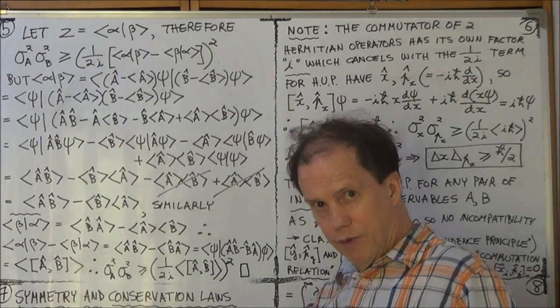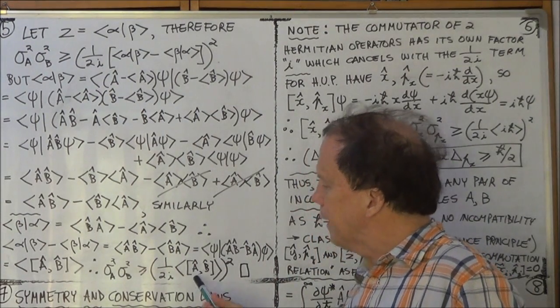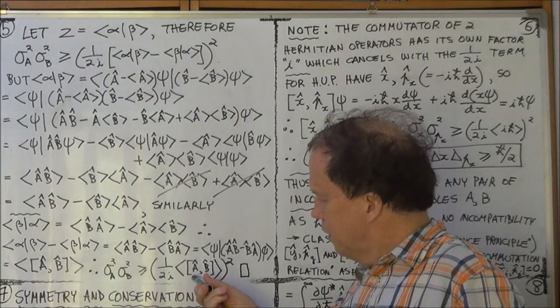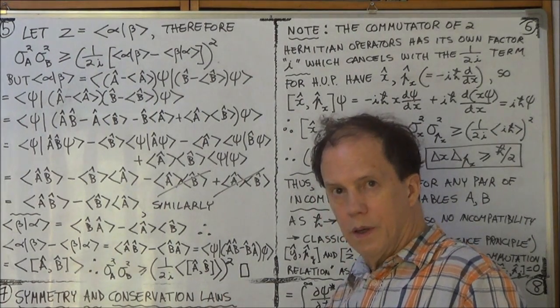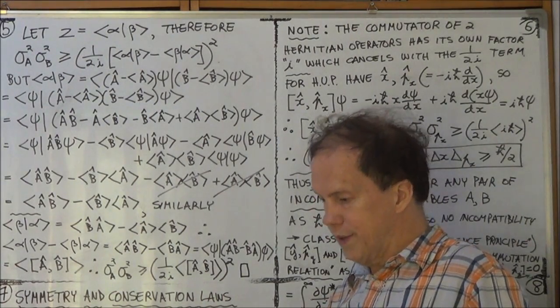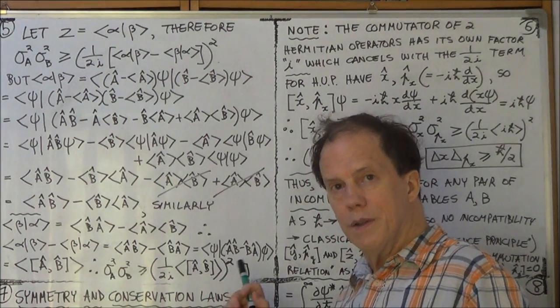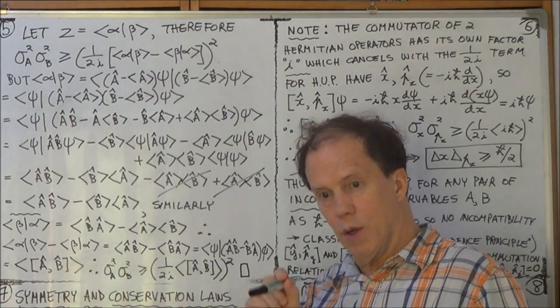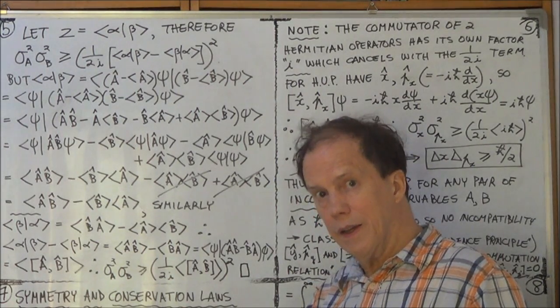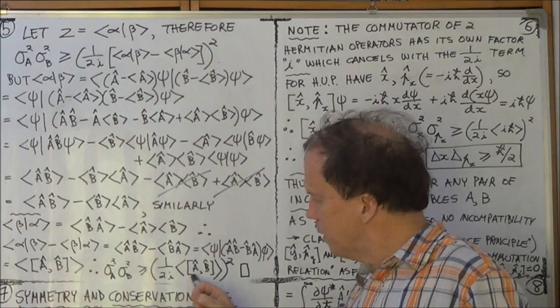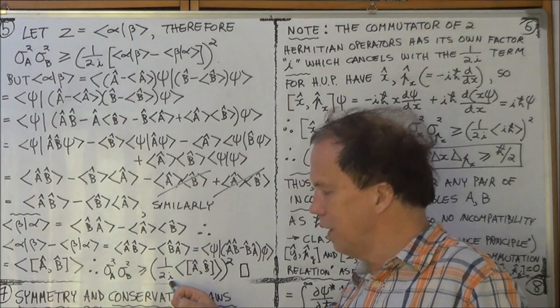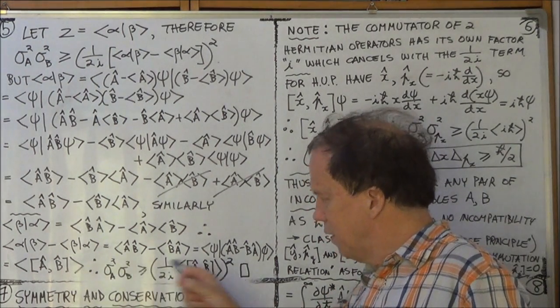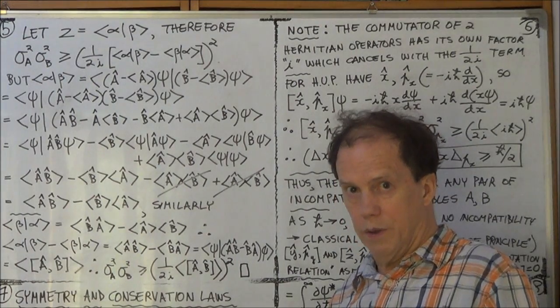But there's a fault in the logic. These two operators are Hermitian, and it works out that the commutator of two Hermitian operators gives you a result that contains an i. And the i coming from this commutator cancels with the i here. So therefore this inequality is not so trivial.